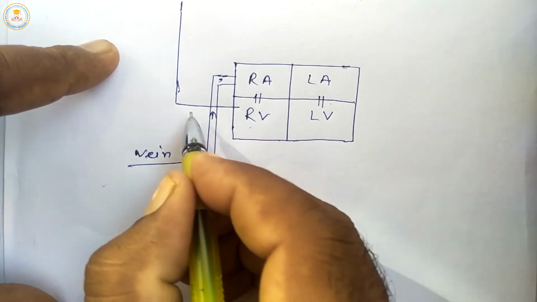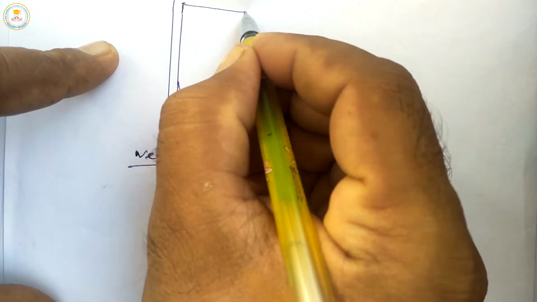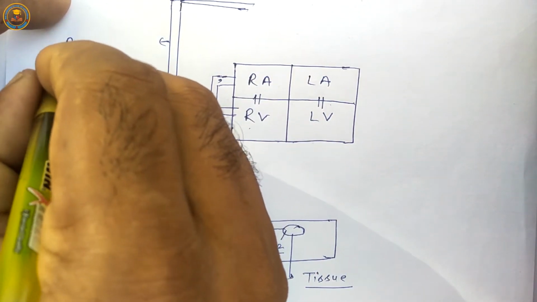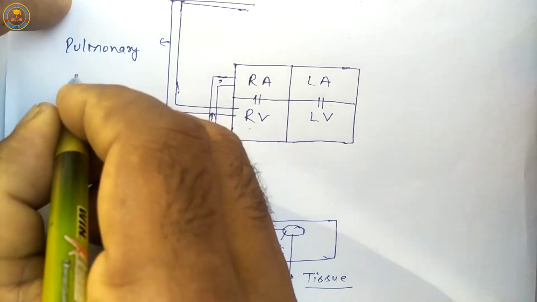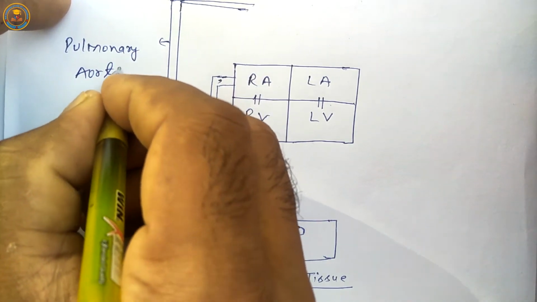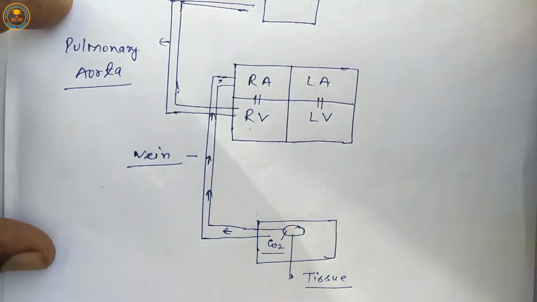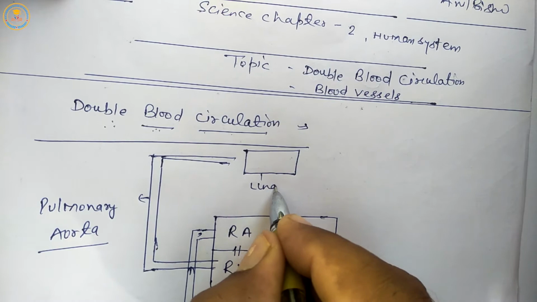Next, the right ventricle has a specific artery. It is called the pulmonary artery. This part is the lungs.